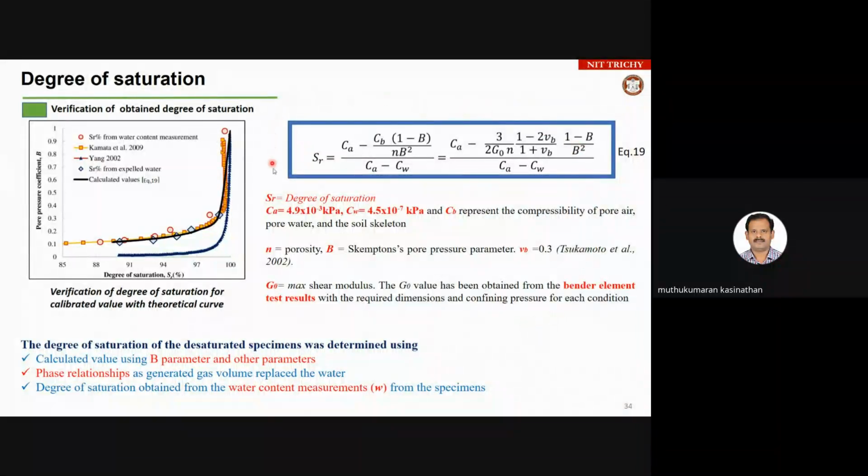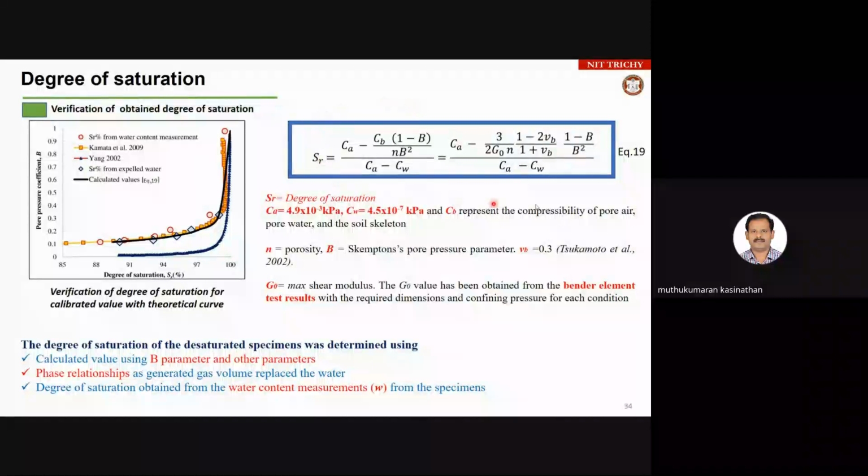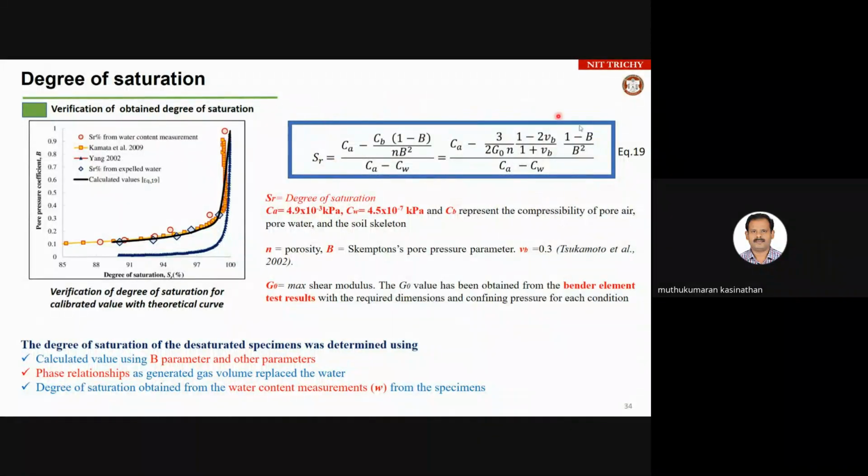Finally, an equation has been developed for the degree of saturation, where you are only playing with known parameters. In terms of the calculated displaced water, you can obtain the value of C. The air compressibility is always taken as a constant, and CW is also known. So these are the known parameters you have considered.